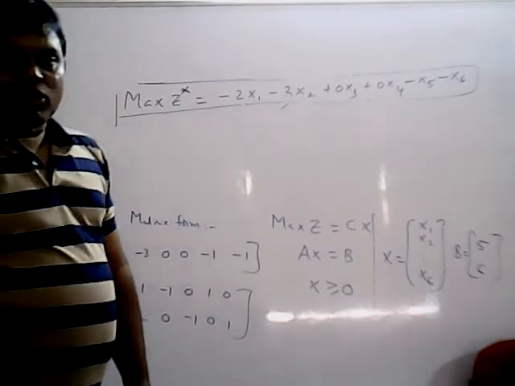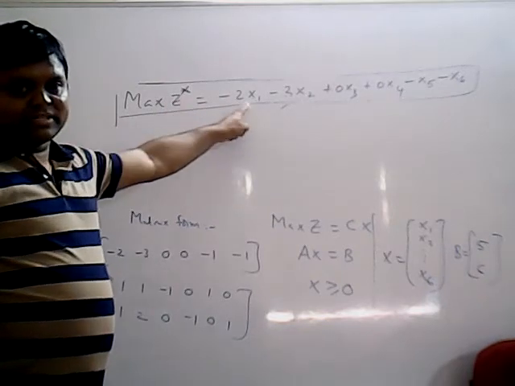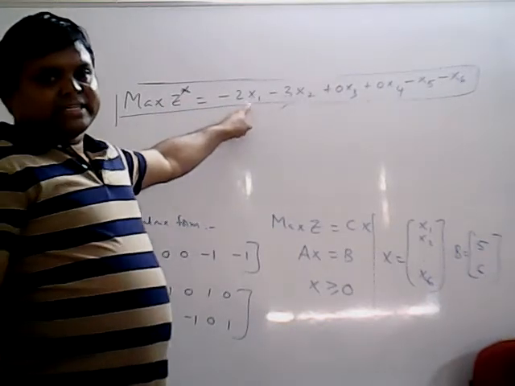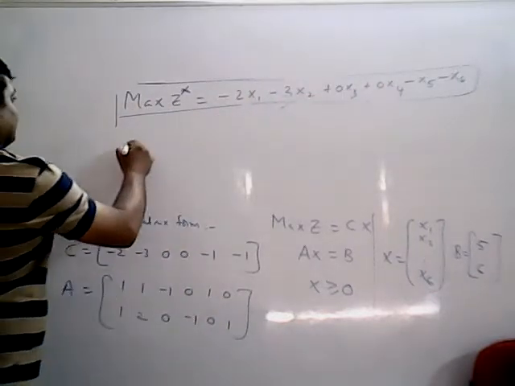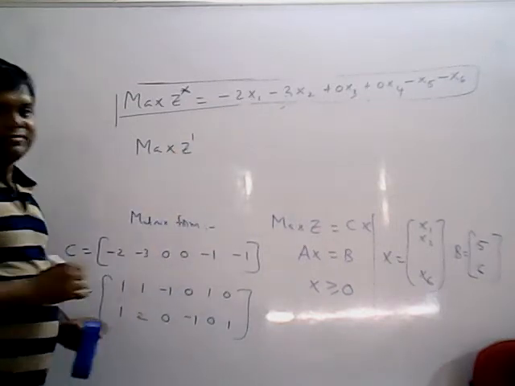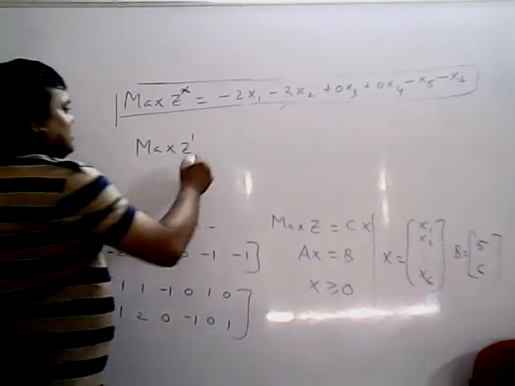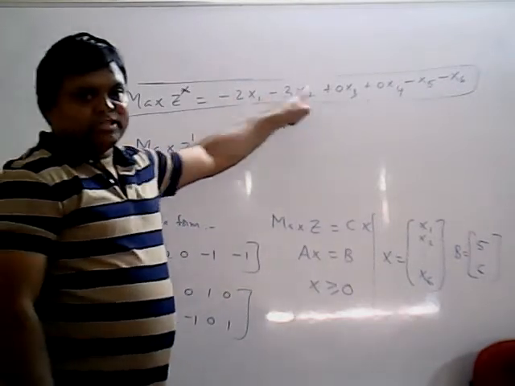So in phase 1 you are modifying, which means you cannot consider again maximum z star, because maximum z star is this one. In phase 1 you are treating all as zeros except artificial variables. So the modified objective function I will consider as maximum z dash, only for phase 1. Maximum z dash equals the artificial variables only, and the remaining variables are 0.